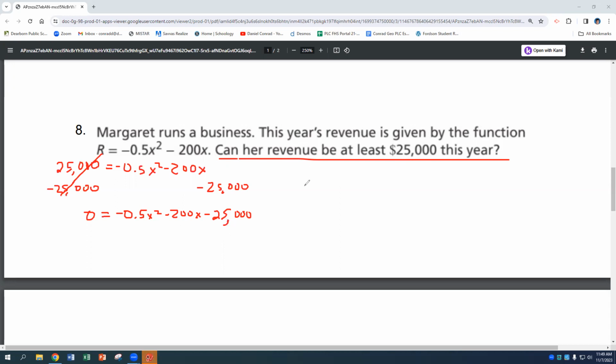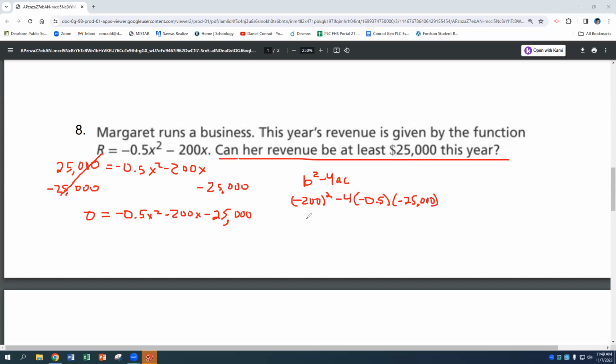And now I just need to find b squared minus 4ac. So that's going to be negative 200 squared minus 4 times negative 0.5 times negative 25,000.